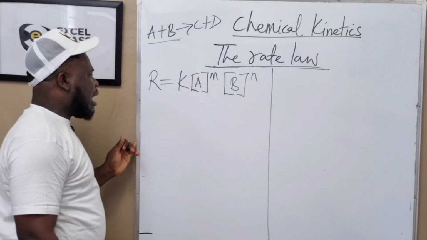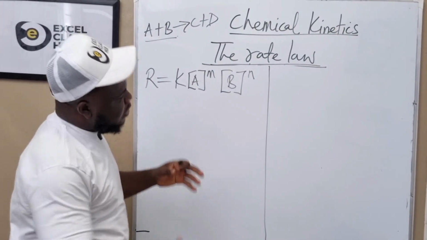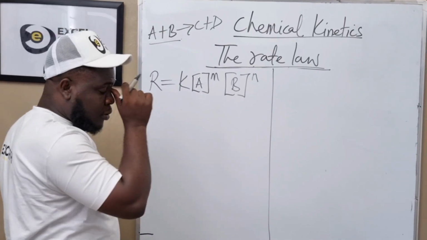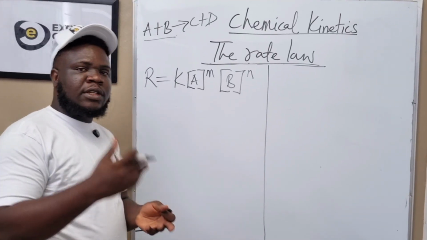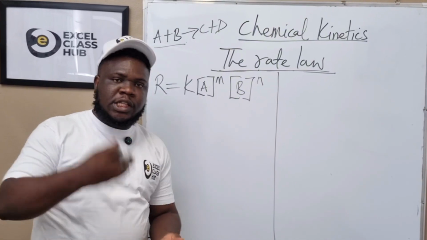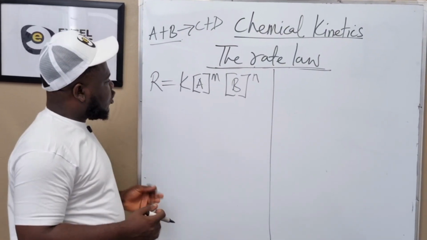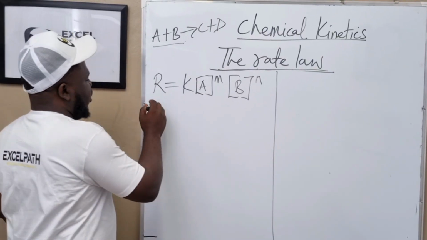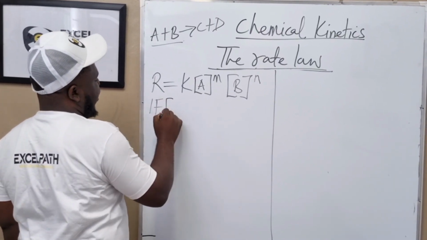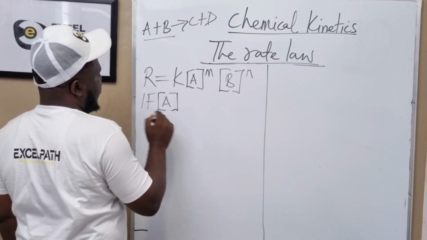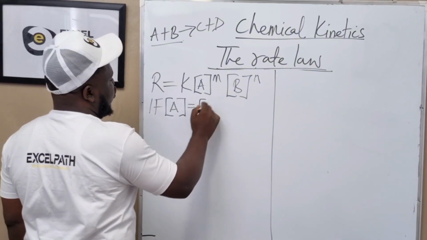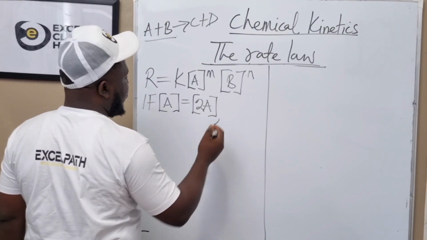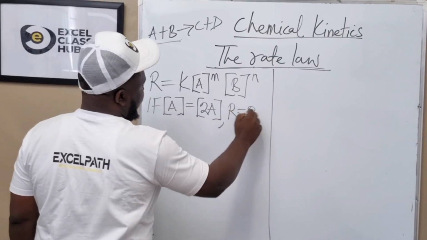All right. So now, when you look at the question, two observations were made. The first observation was that doubling the concentration of A doubled the rate. So let's represent that in the form of a word problem. If the concentration of A is doubled, that is, if A becomes 2A, then we were told that the rate was also doubled. That means R becomes 2R.